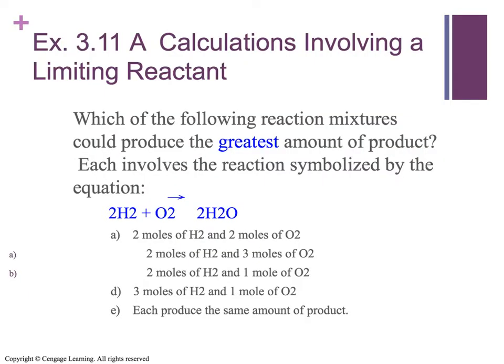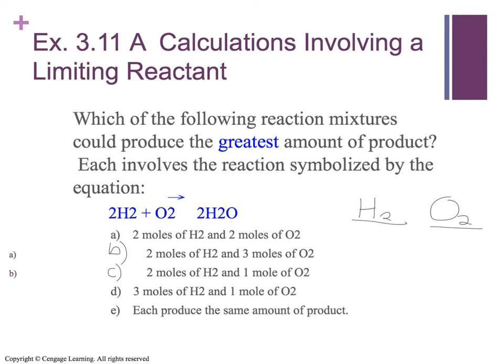Here's a multiple choice question with some of the choices somehow missing. Which of these is going to give me the greatest amount of product? To do that, we'll call these B and C. We need to compare how much the hydrogen can make and how much the oxygen can make in each scenario to see which one will run out first.